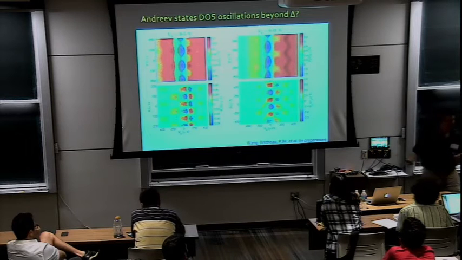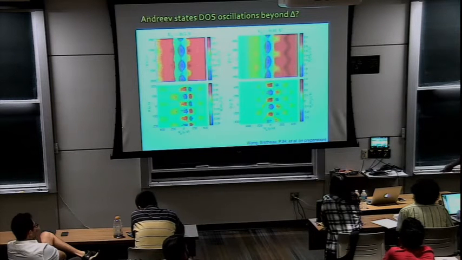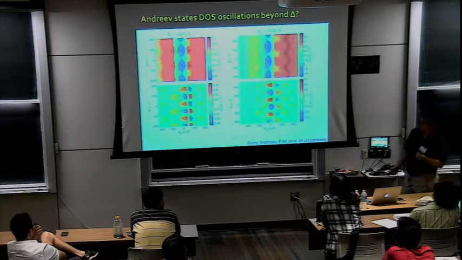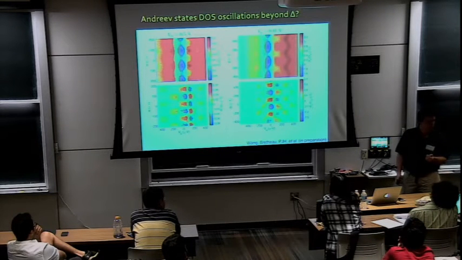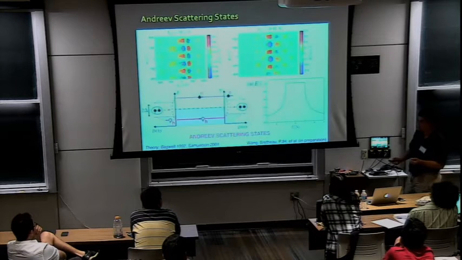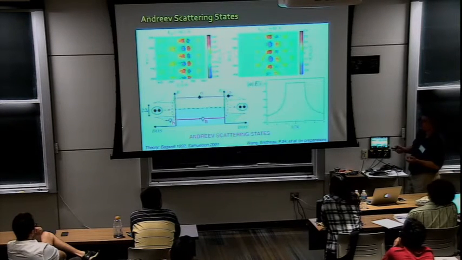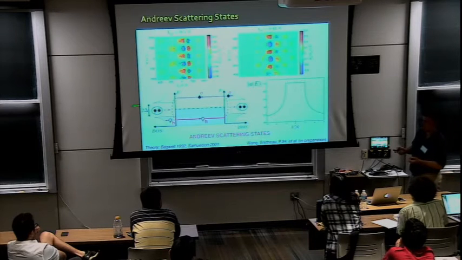We were a bit surprised by that at the beginning, but then we realized that this had actually been theoretically predicted. These are not Andreev bound states. These are called Andreev scattering states, which have never been seen before to the best of our knowledge. But you can actually still have Cooper pair transport if this process happens above delta.